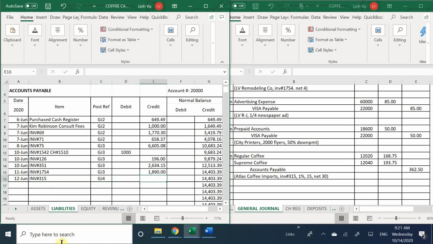And because we're increasing the amount of debt that we owe, we're going to increase it by the $362.50, making our new total account balance $14,765.89. Okay. All right, so I'll give you guys a couple seconds to catch up.